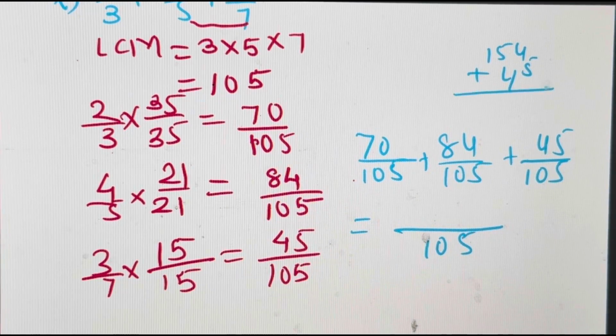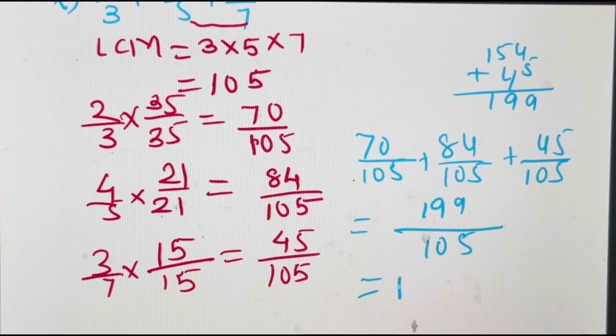So 199. Okay. So this is 199 upon 105. And if we divide, you will get 1 whole. 199 minus 105 will be 94. The remainder will be 94 upon 105. So 1 whole 94 upon 105 is the answer of question number L.